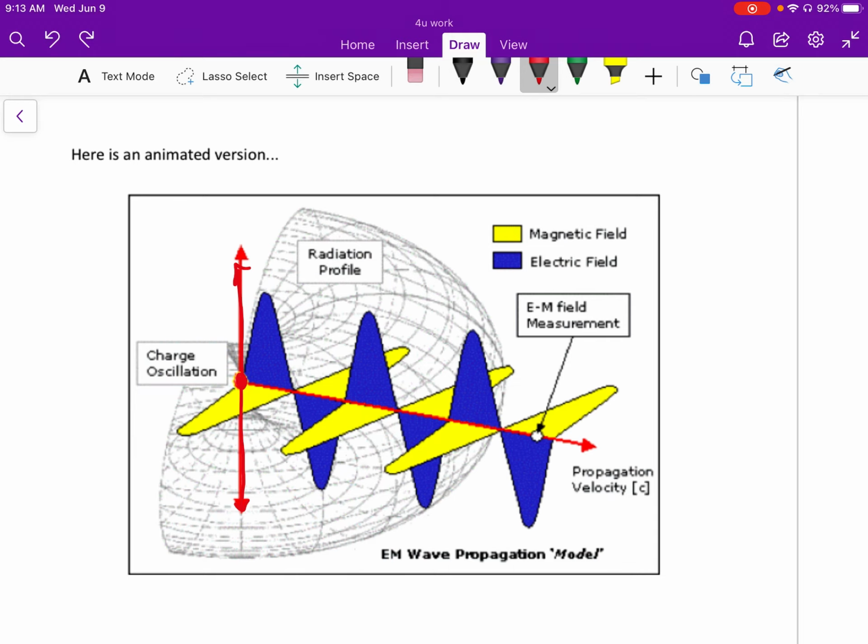So the animation does an okay job of showing it, but the magnetic field wobbles out of the page and then back into the page and back. So the magnetic field is perpendicular to what the charge is doing. The electric field wobbles up and then back down. Then it flips down and then back up.